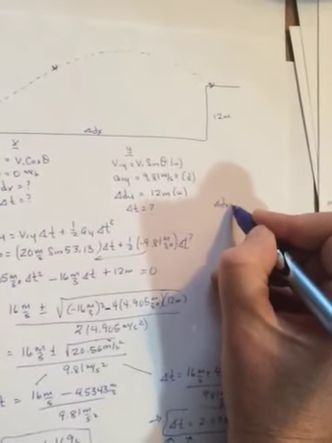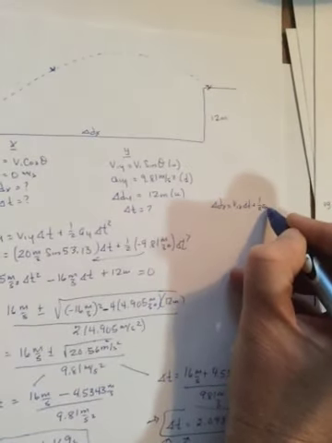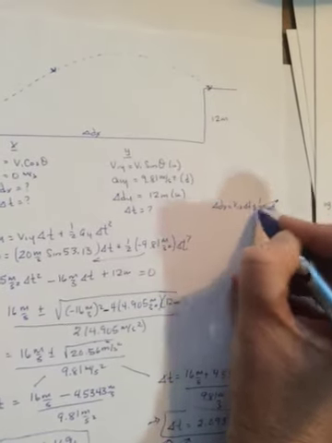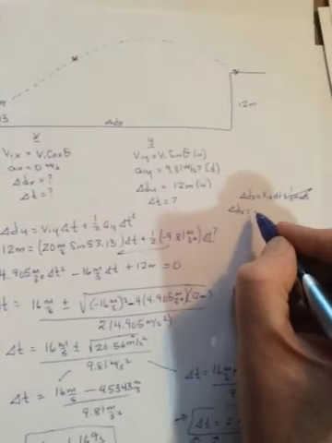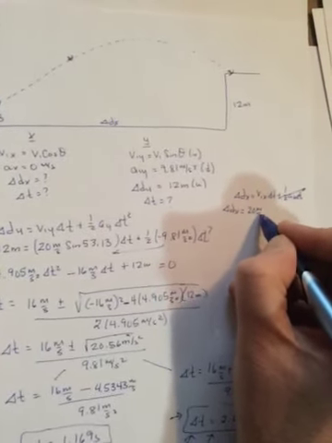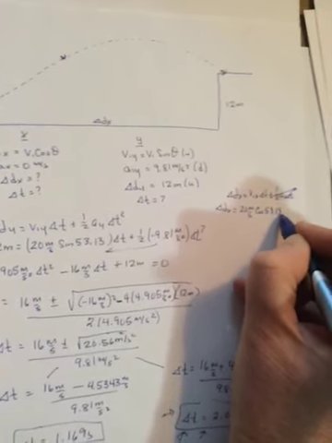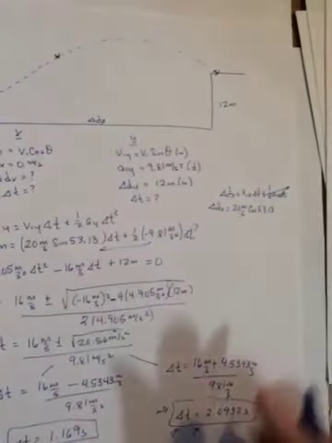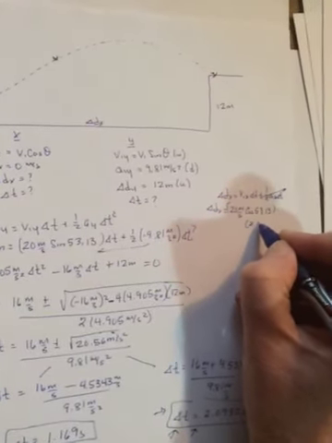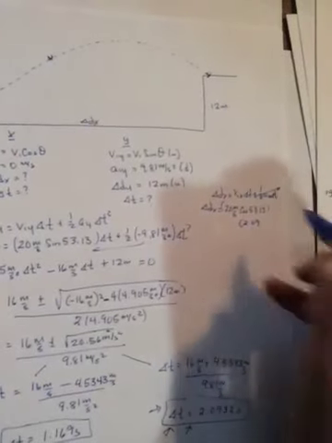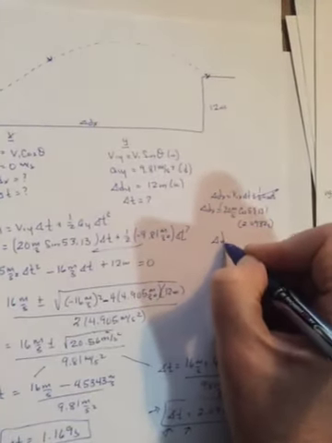So you would do delta dx equals vi delta t, and again, this term will go to 0. So delta dx is equal to, what was that, 20 meters per second cos of 53.13, and you would use your time of 2.0932 seconds to get your delta dx.